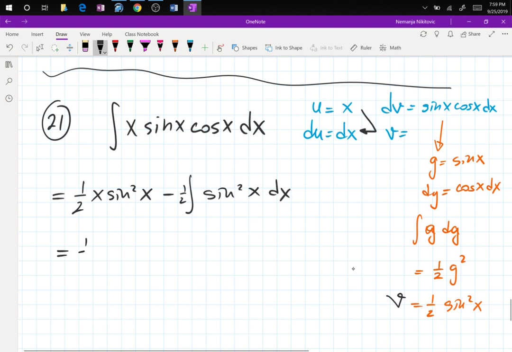Now that has to be dealt with a power reducing formula. So it's going to be minus 1/4 integral of 1 minus cosine 2x dx.